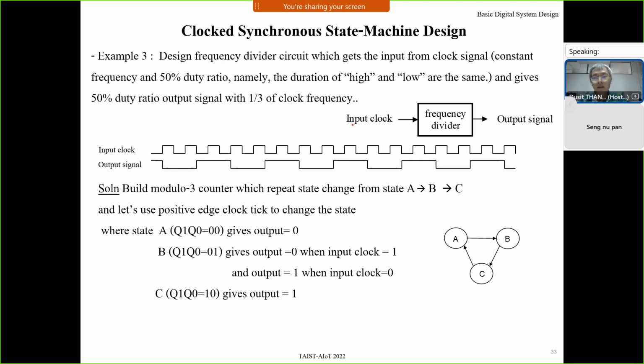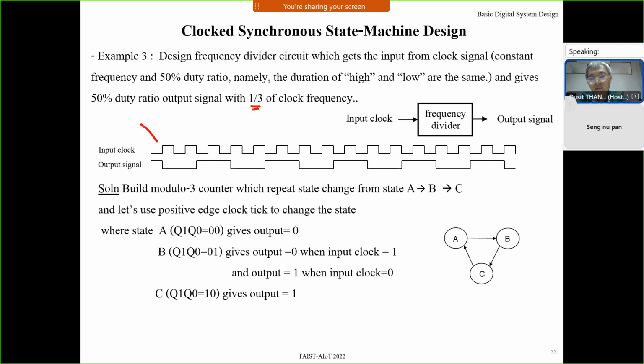And if I want the output signal to have 50% duty ratio or duty cycle, that means the durations of low and high must be the same. The question, right? I want to design a frequency divider, divide by 3.